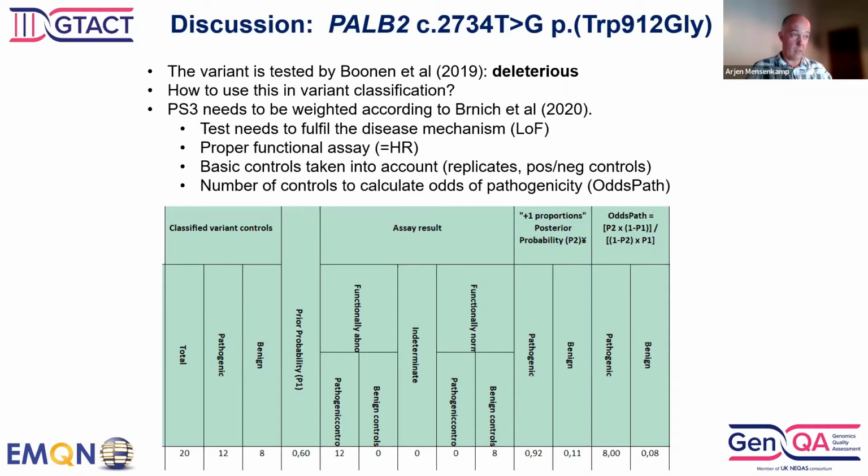The 12 pathogenic variants came out with a deleterious effect, and the 8 benign variants came out with a functionally normal outcome. You can calculate the odds of pathogenicity. Next slide, and next slide.